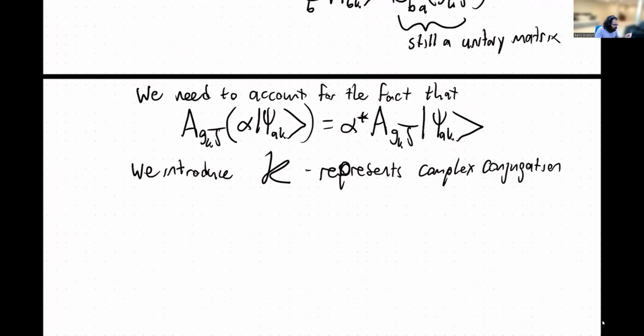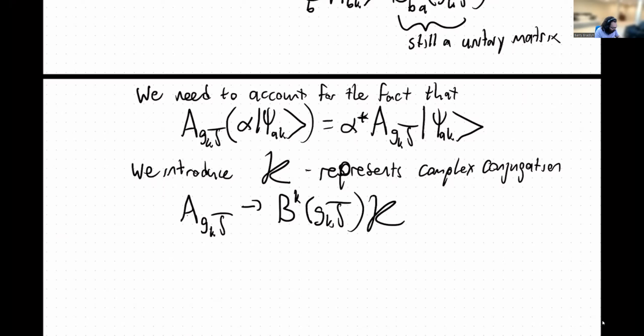And if we introduce this K, then we can represent our anti-unitary symmetry by a sewing matrix times our complex conjugation operation, with the understanding that complex conjugation here acts on the scalars that multiply our basis vectors.